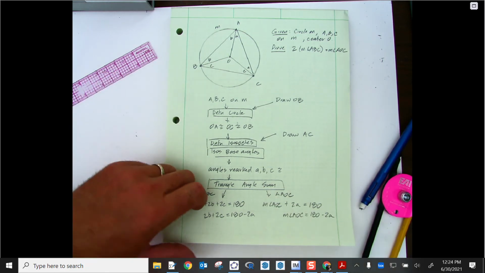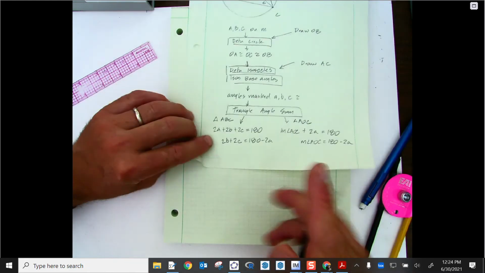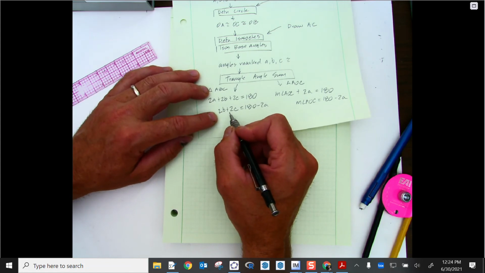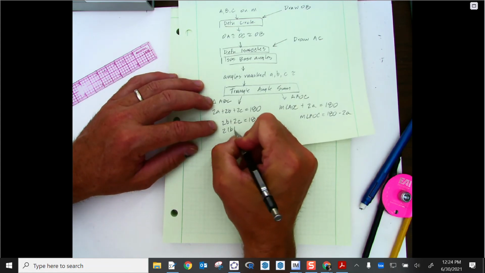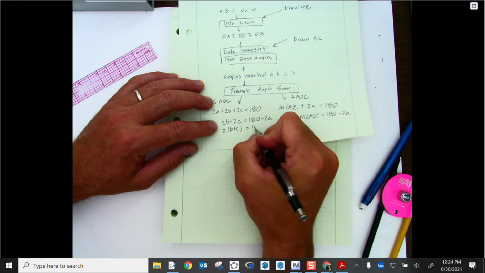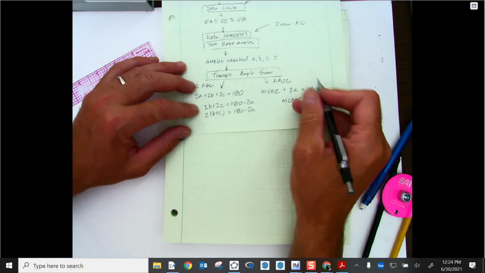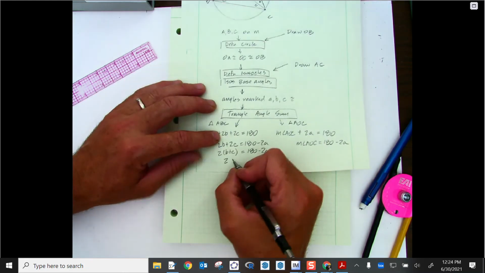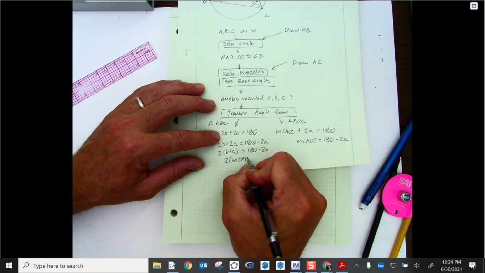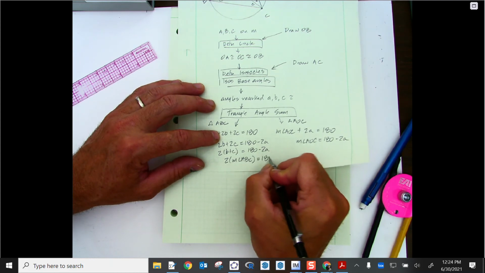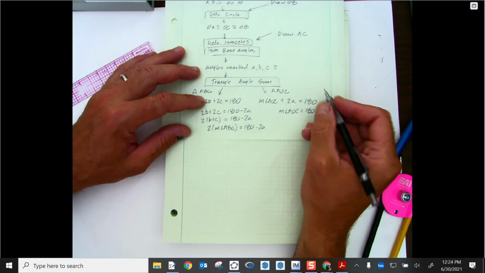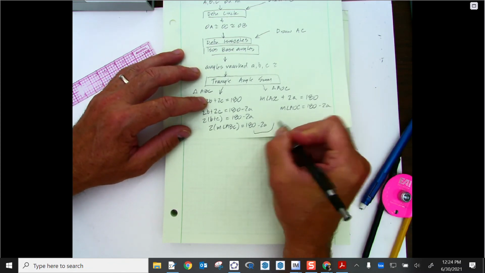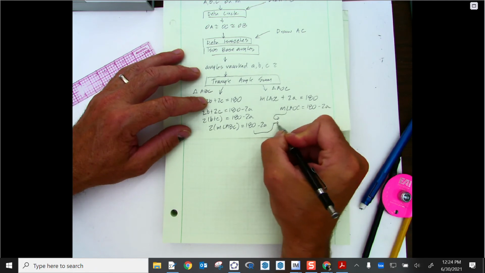And then I guess we should probably replace this guy. 2b's plus 2c's is the same thing as 2 times b plus c, which is really 2 times the measure of ABC, equal 180 minus 2a. And then it's transitivity, right? This guy together with this guy with transitivity.